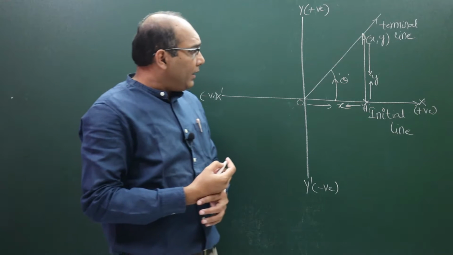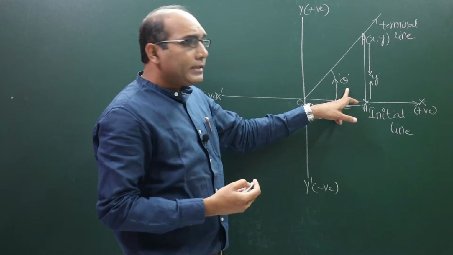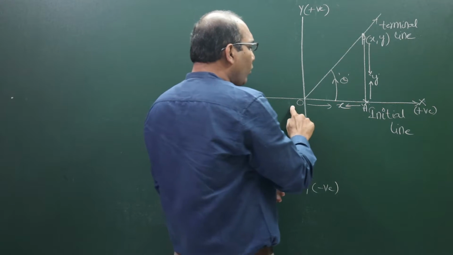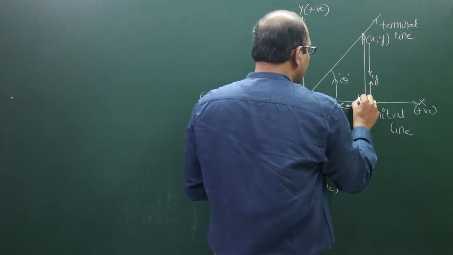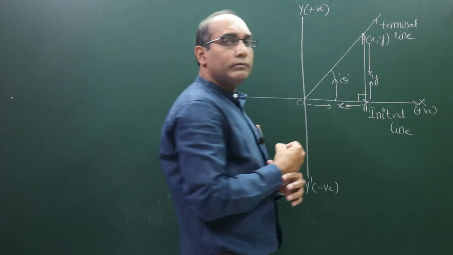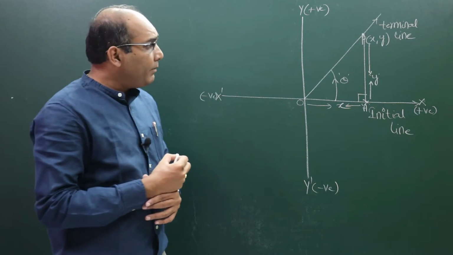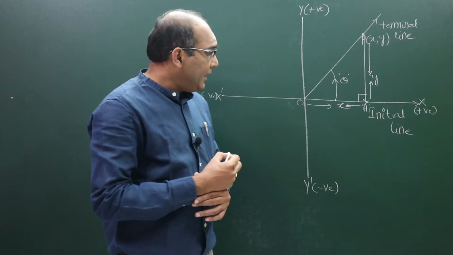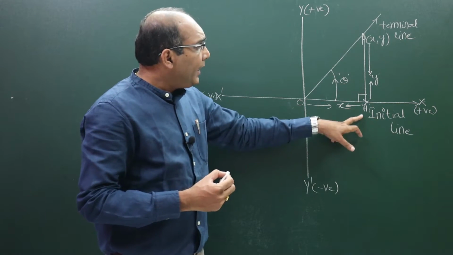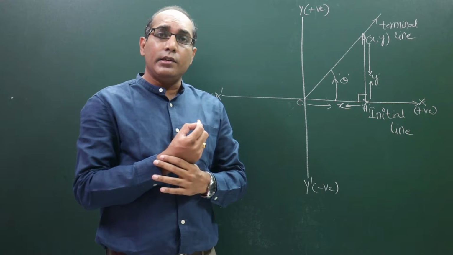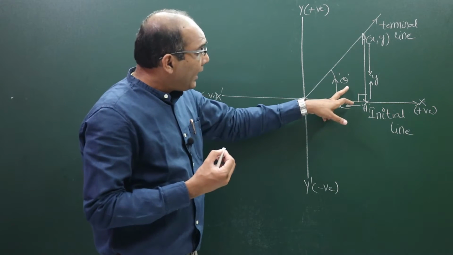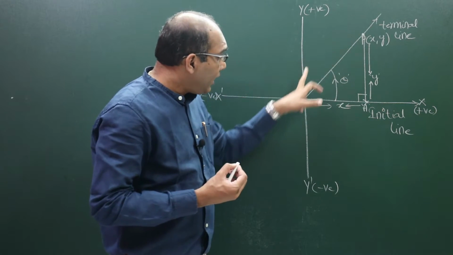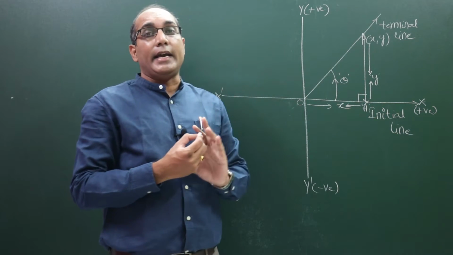Here observe that theta is an acute angle and the angle OAP is a right angle, and I am defining the trigonometric ratios by using this triangle OAP as a reference and the acute angle made by the terminal side with the x-axis.